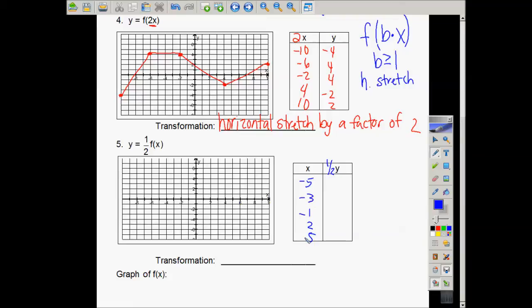I'm multiplying by a half, or I am dividing by 2. So half of negative 4 is negative 2. Half of 4 is 2. Half of negative 2 is negative 1. And then half of 2 is just 1. So I'm going to plot my new point. We divided everything in half. They're even numbers. 2 divided by 2.